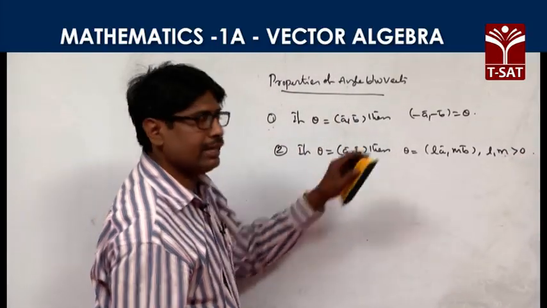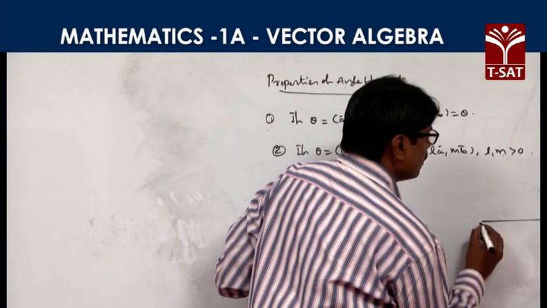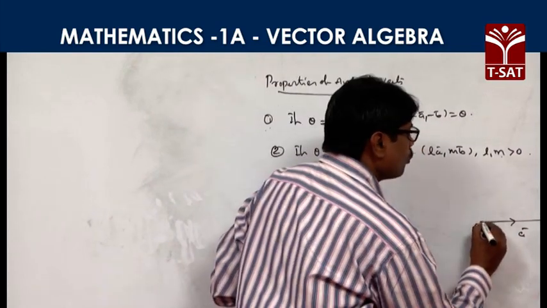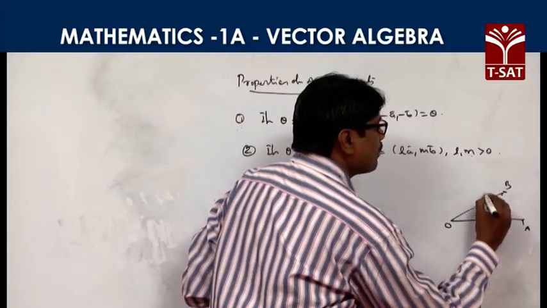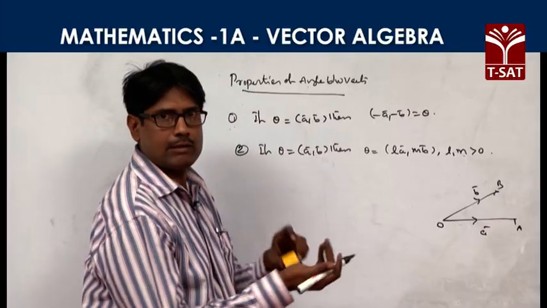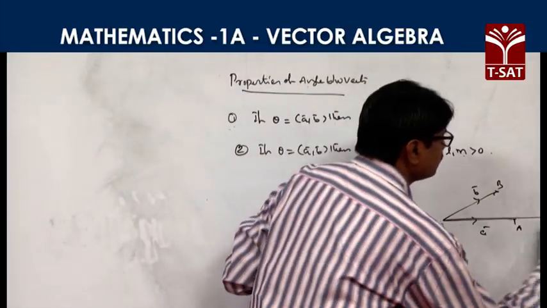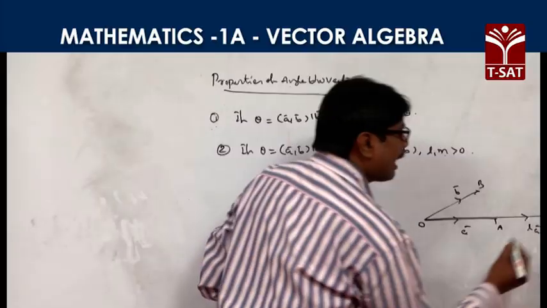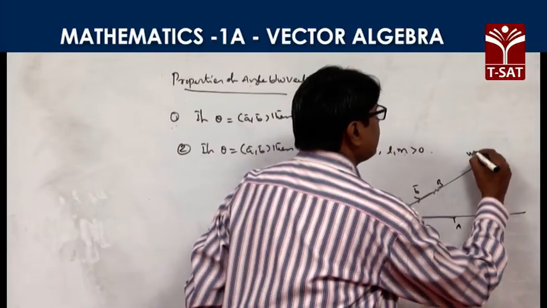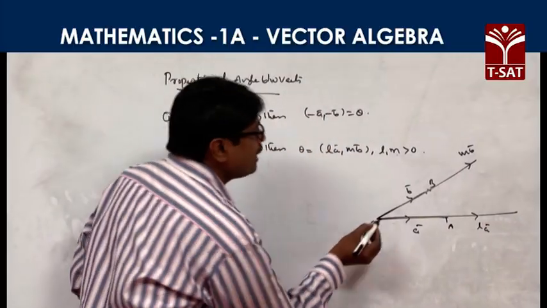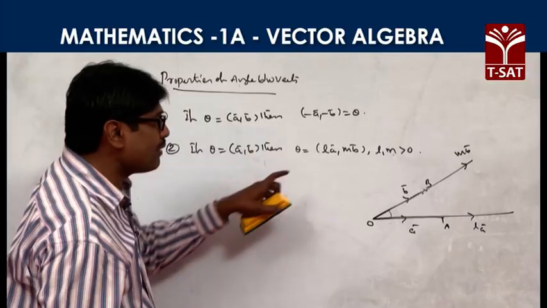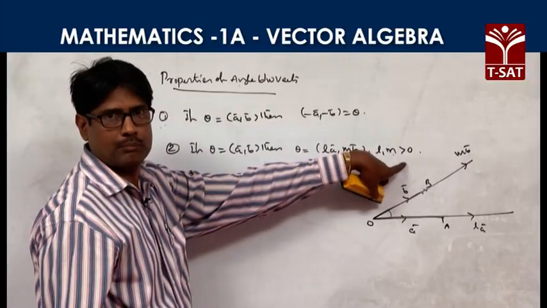For example, OA bar is equal to A bar, and OB bar is equal to B bar, two coinitial vectors. Their lengths increase in the same direction, LA bar an extended vector of A bar, and MB bar an extended vector of B bar. Then the angle between A bar and B bar and the angle between LA bar and MB bar will be the same, provided L and M are positive real numbers.